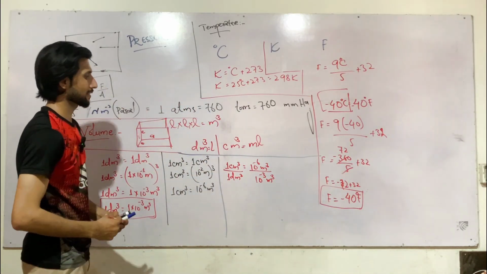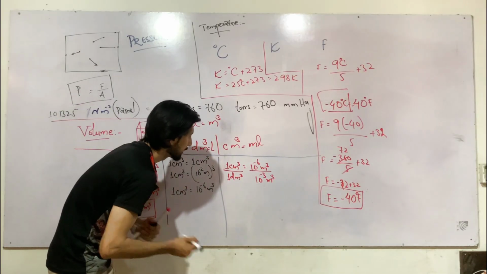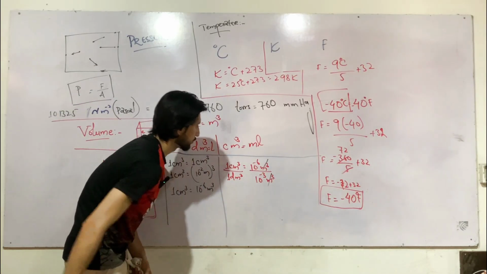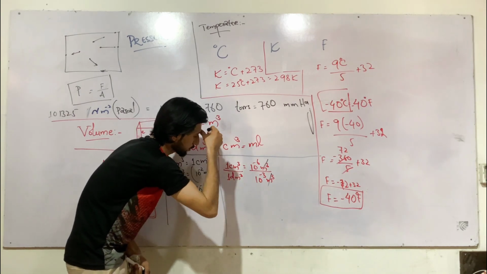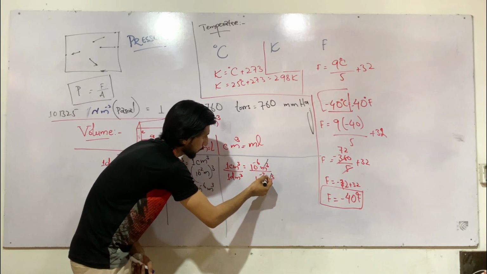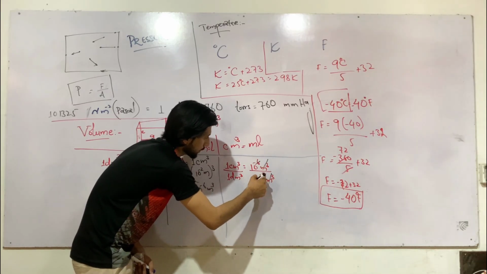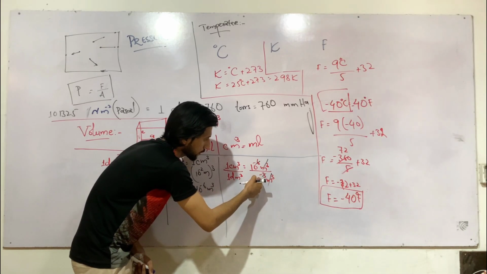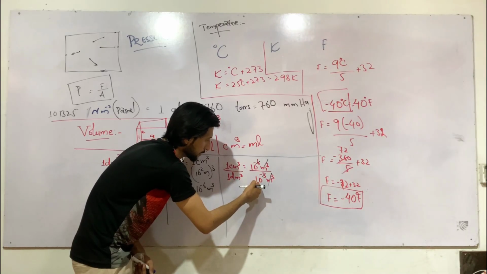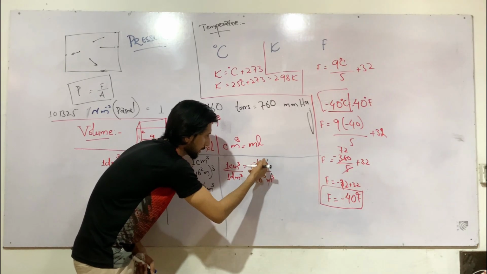Now, easy calculations. Meter cube cancels with meter cube. Now this 10 to power minus 3 is in the denominator, so it goes with the minus 6. If I take this denominator to the numerator, this minus would become plus.